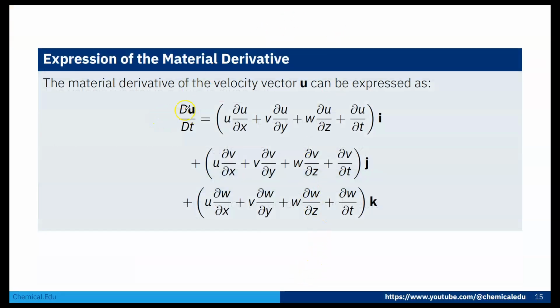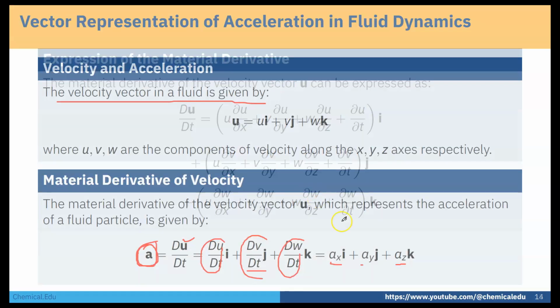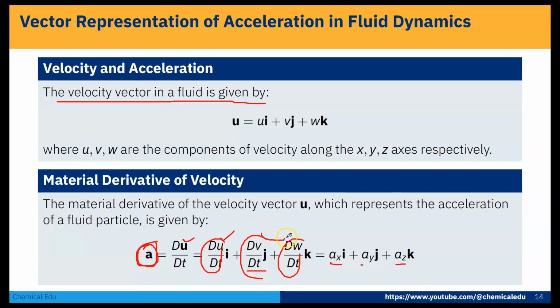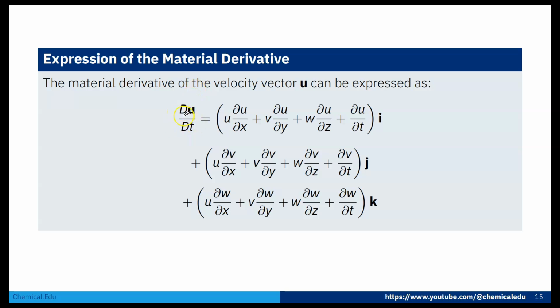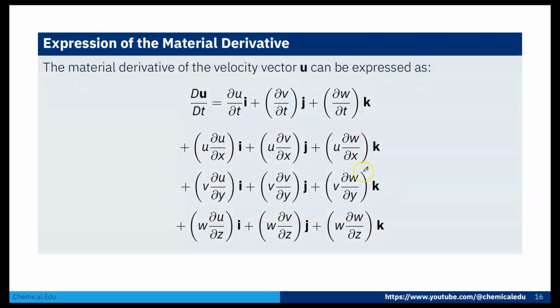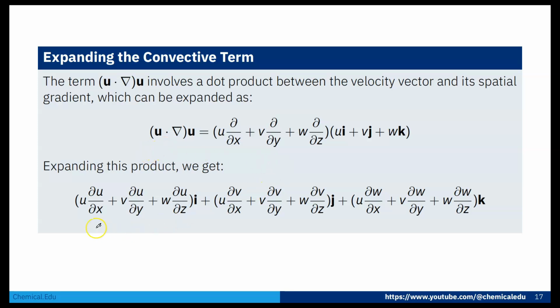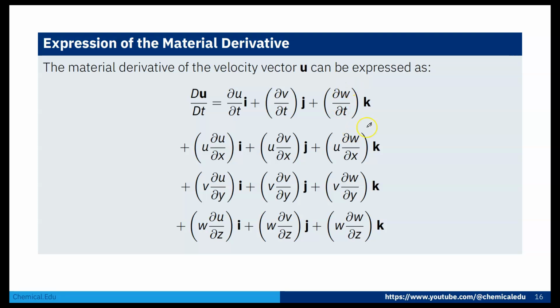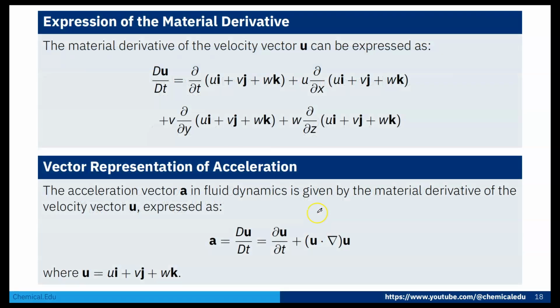Now if we plug in all these values, capital Du by Dt is this term into i, this term into j, and this total term into k. If we segregate the i, j and k terms individually, ultimately we get this.